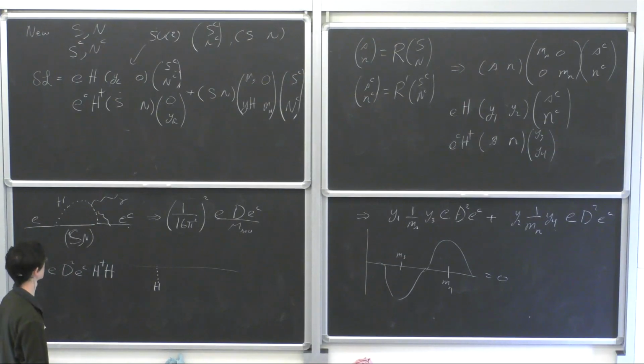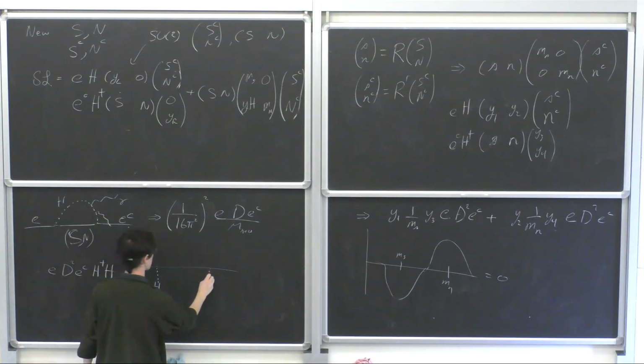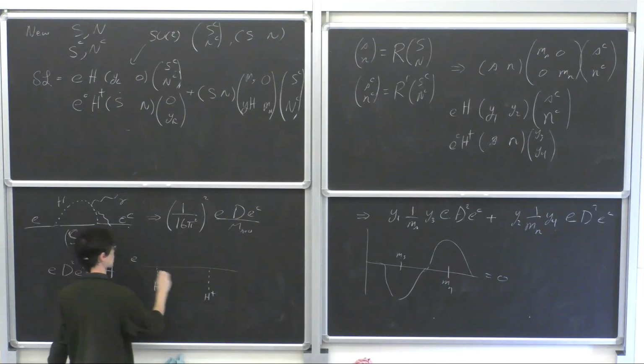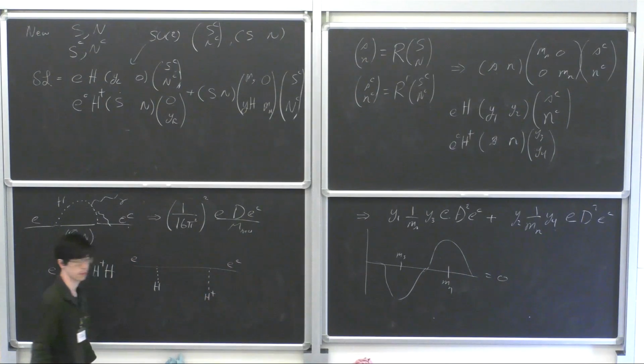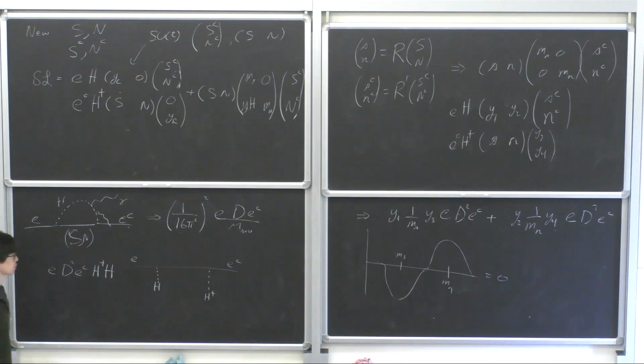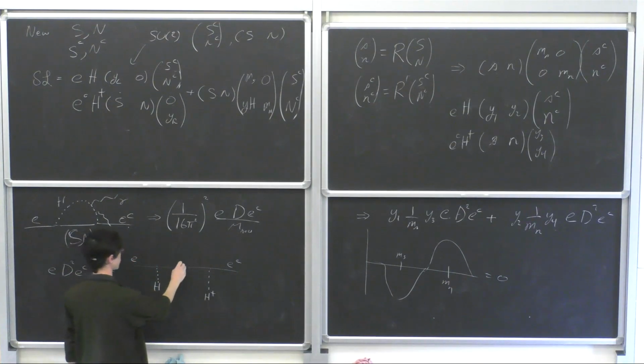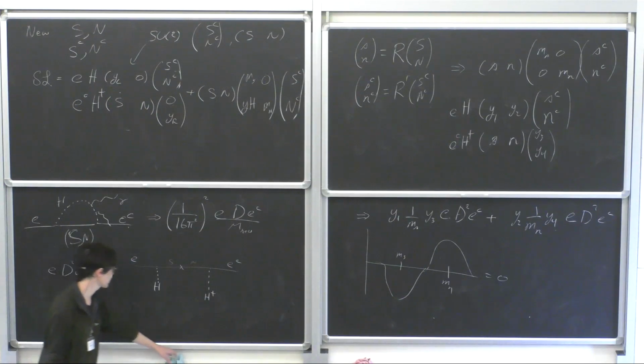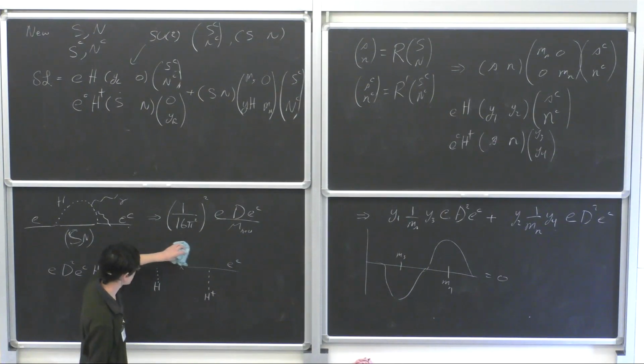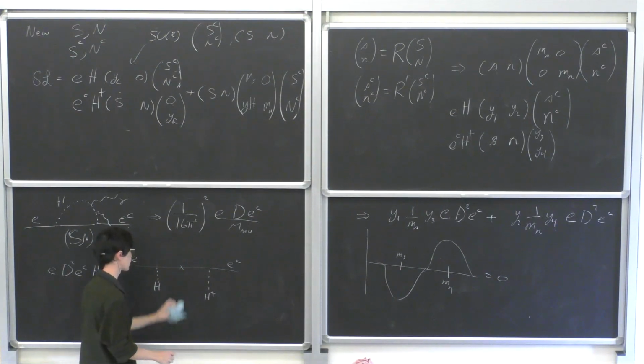H dagger. And there's going to be some mixing between the two S's. This is going to be like S or N or something like that. But since we're doing things in SU2 language, this is the SN combined object.